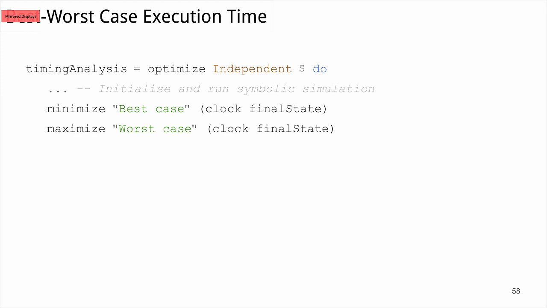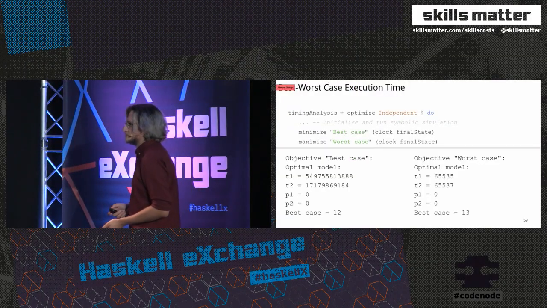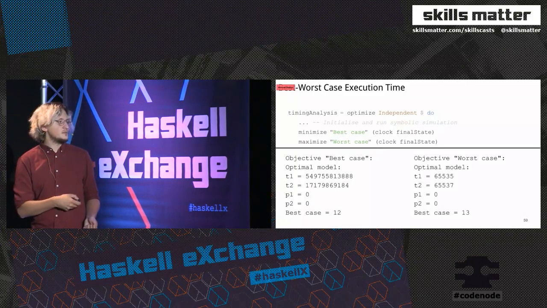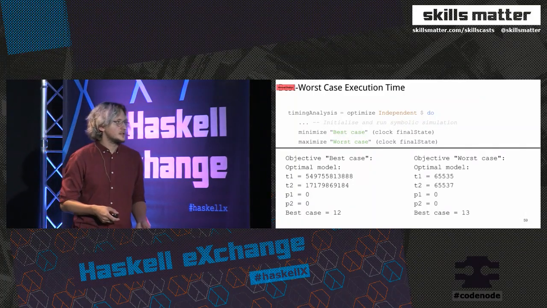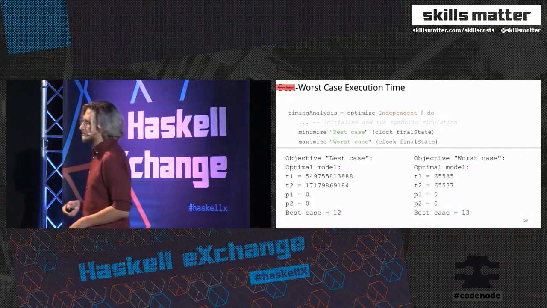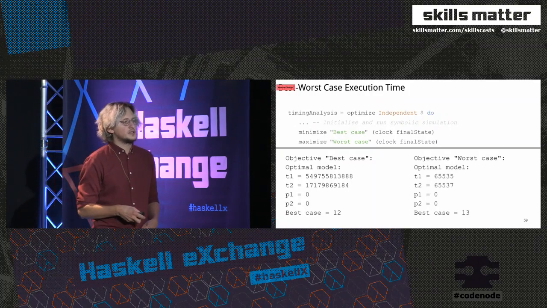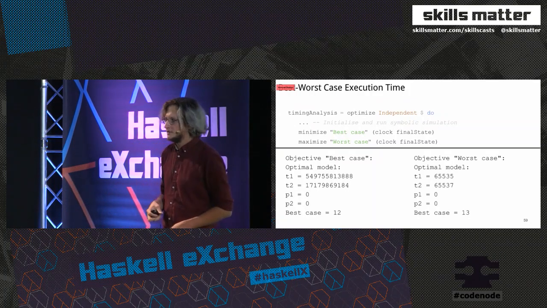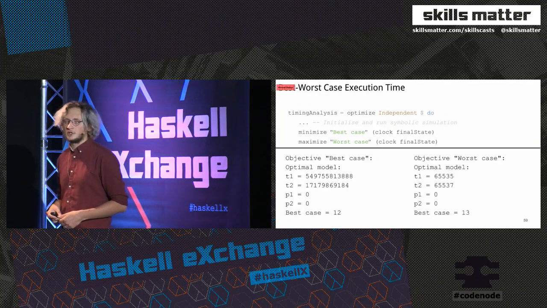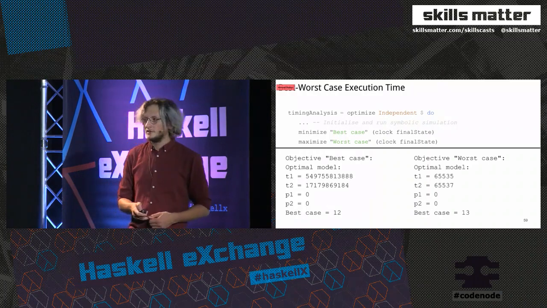So we can maximize and minimize the value of the system clock extracted from the final state, and get, for instance, the assignment of the input variables that is optimal for the best case and for the worst case. So here, for the best case, we got 12 cycles, and for the worst case, we got 13 cycles. So imagine we had a conditional jump that would be sometimes executed and sometimes not. So that would give us an analysis for that.